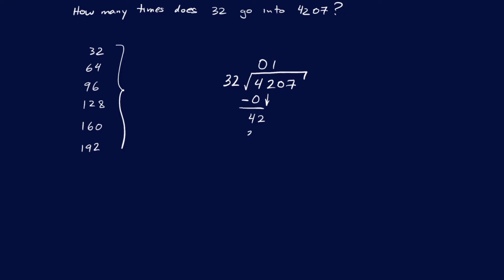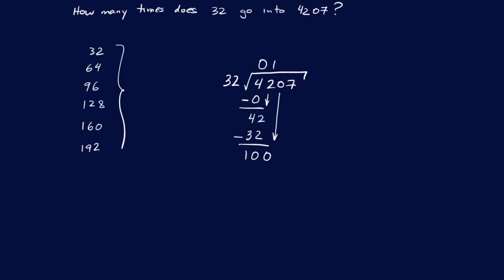So 32 times 1 is obviously 32, and then 42 minus 32 is 10. Okay, so now in long division, you want to remember that every time you subtract, you bring down the next digit of the numerator. So we just did 42 minus 32, and we got 10. So now we have to bring down the next digit, which is 0.